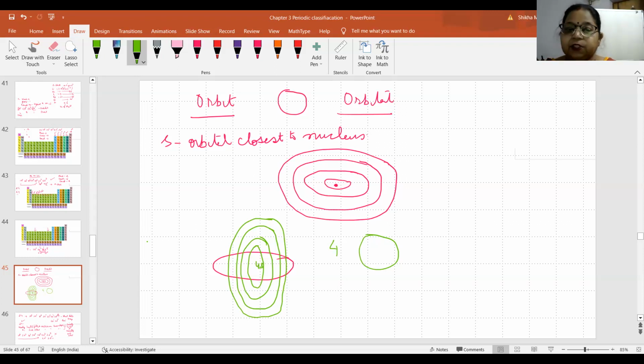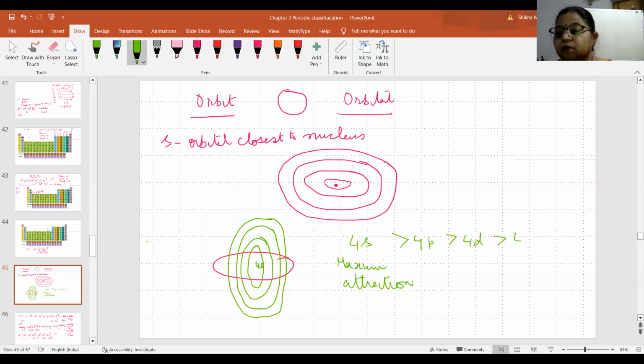But since it is elliptical and 4s is nearest to the nucleus, what will happen? The force of attraction will be maximum for 4s, then 4p, then 4d, then 4f. Is it making sense to all of you? Yes, ma'am.